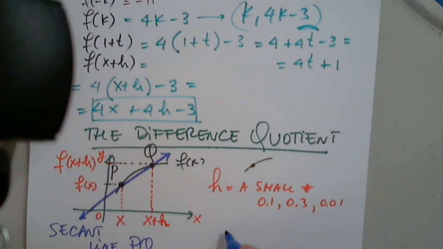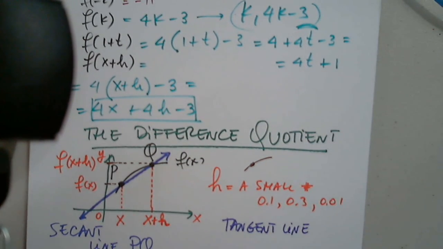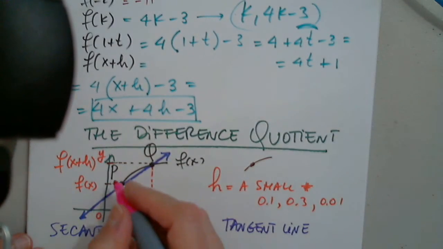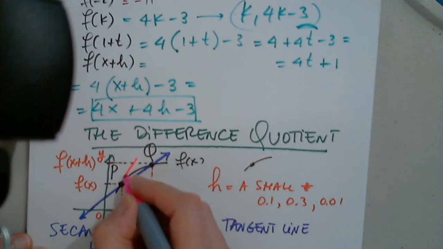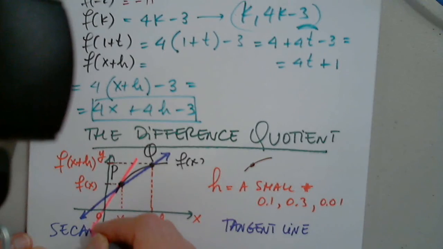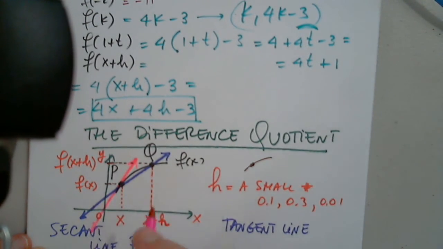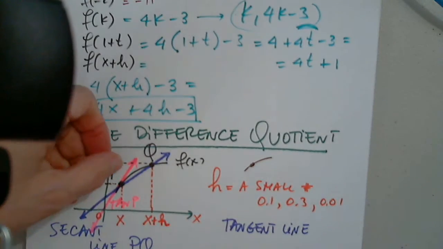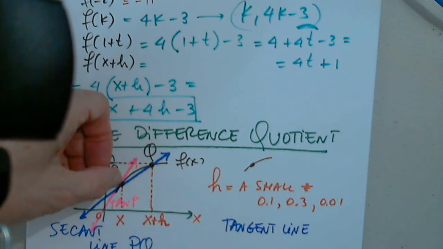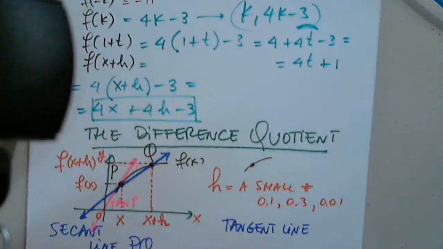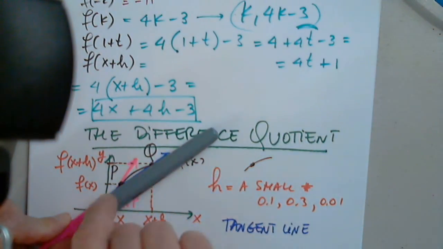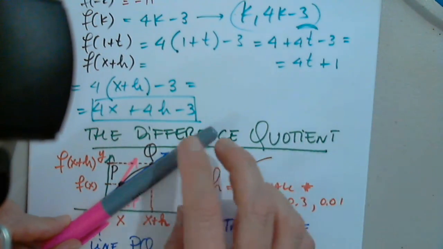There is also something called tangent. How will a tangent line, let's say, at P look like? It will look like this. This is the tangent at P. It touches the graph only in 1 point. But a secant line crosses the graph in 2 points or more.